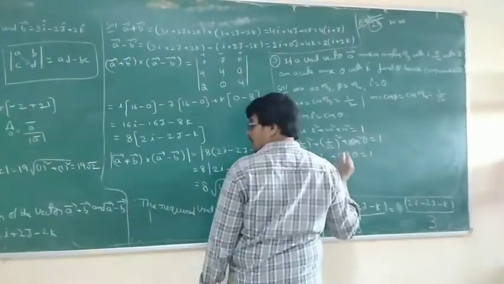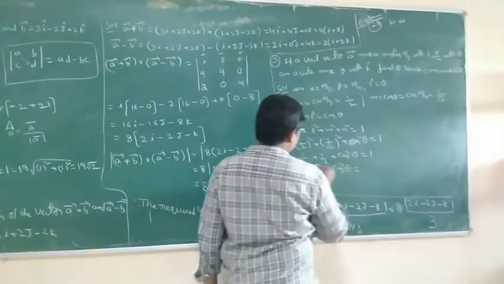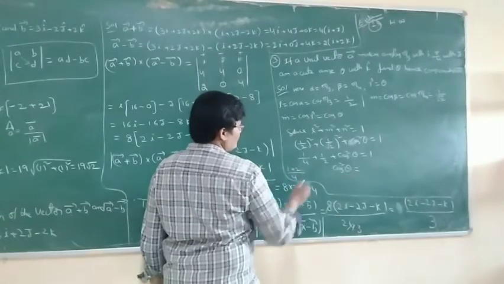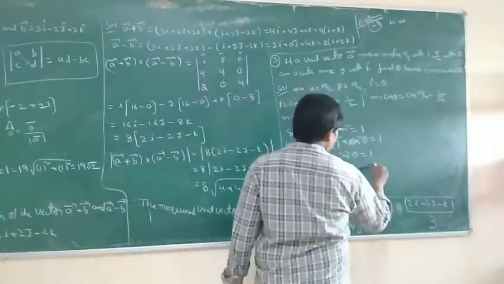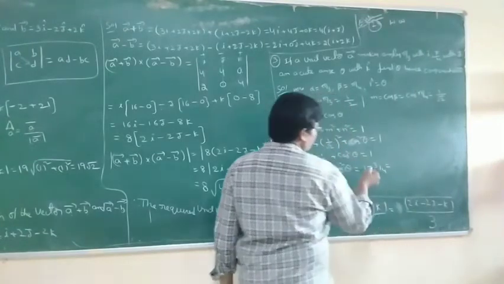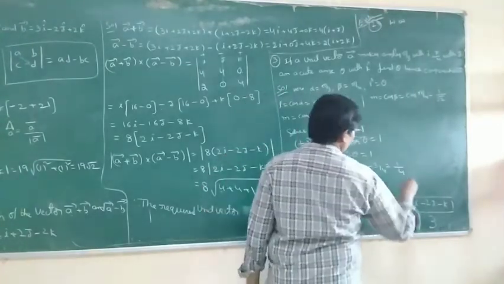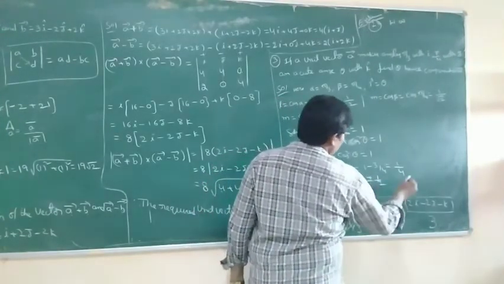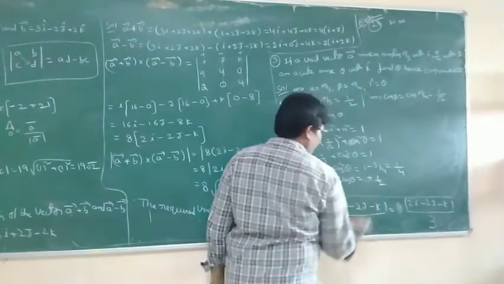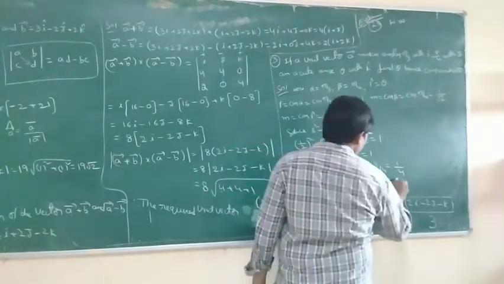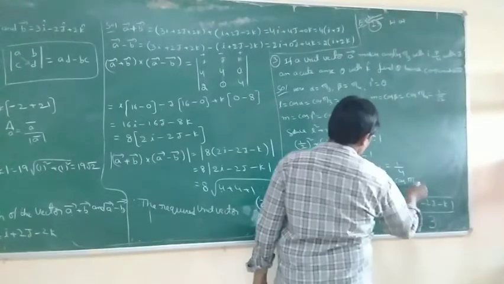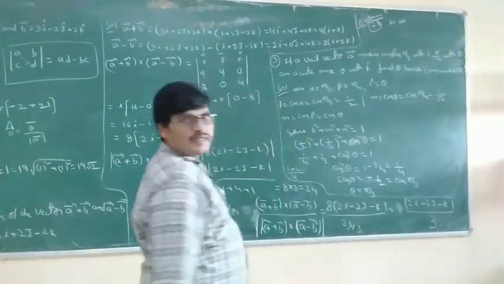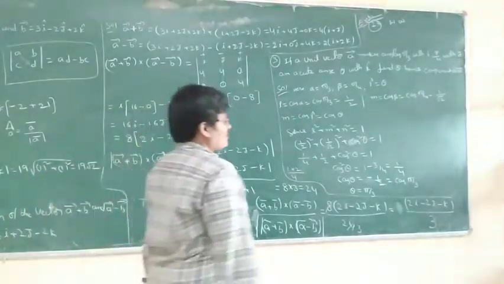So cos square theta is equal to 1 minus (1 by 4 plus 1 by 2); LCM is 4, so 1 plus 2 is 3 by 4. 1 minus 3 by 4 is equal to 1 by 4. So cos theta is equal to plus or minus 1 by 2. Take plus 1 by 2, for example. 1 by 2 is cos 60, so theta is equal to pi by 3.